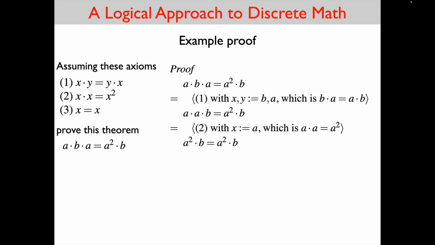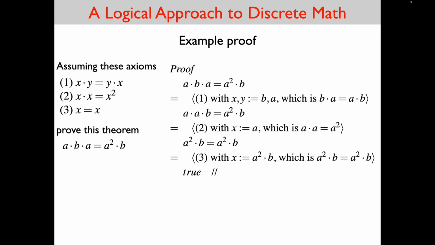Aha, but wait a minute. Doesn't this look like axiom number 3? So the last step then is to use axiom 3, but everywhere there is an x, we make it a squared b. And if I asked you to do textual substitution, you would say a squared b equals a squared b. So we have shown then that this is true, right? And this little double slash means end of proof.